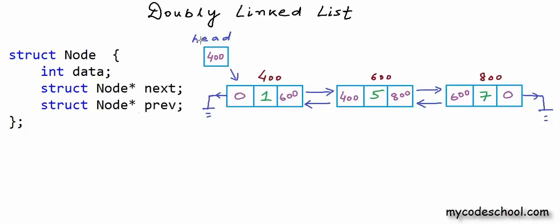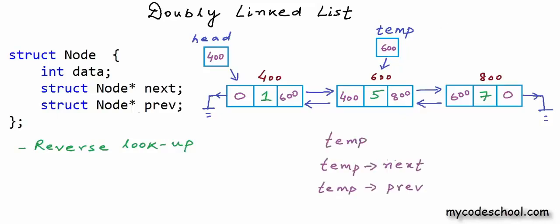First advantage is that now if we have a pointer to any node, then we can do a forward as well as reverse lookup. With just one pointer, we can look at the current node, the next node, as well as the previous node. I'm showing a pointer named temp here. If temp is a pointer pointing to a node, then temp.next is a pointer pointing to the next node.